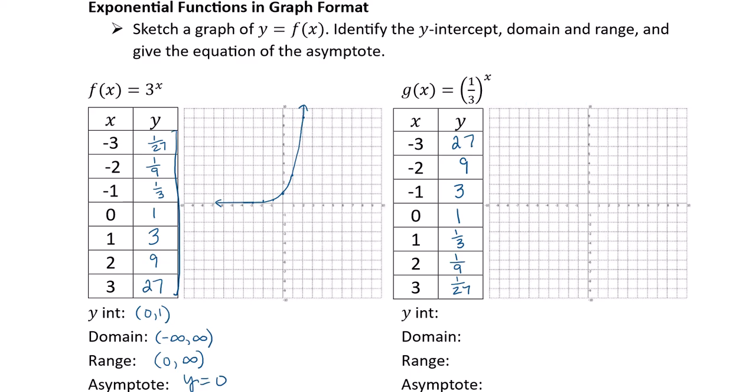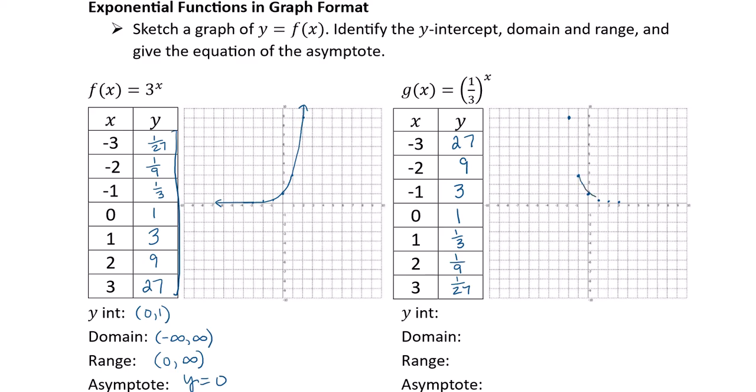Familiar values from the graph that we had before. So at negative 3, I'm all the way up at 27. Negative 2, I'm at 9. Negative 1, I'm at 3. 0, 1. 1, 1/3. 2, 1/9. 3, 1/27.